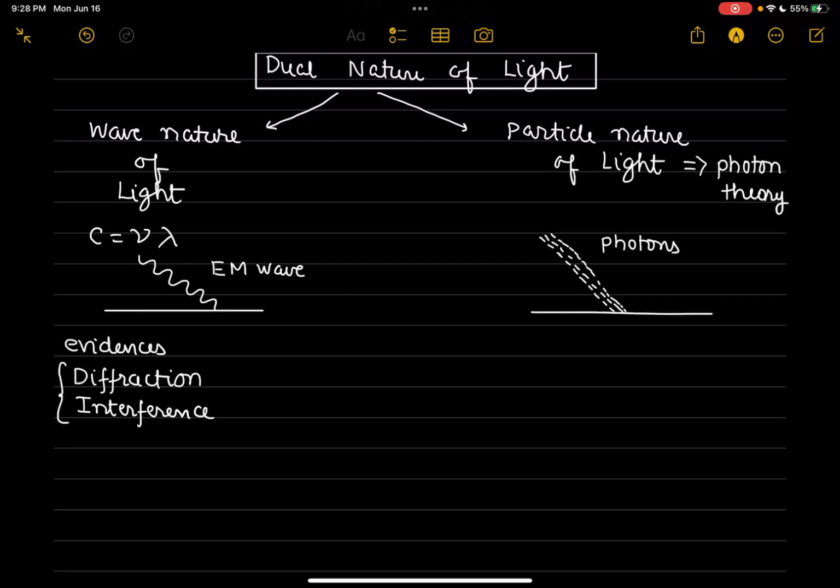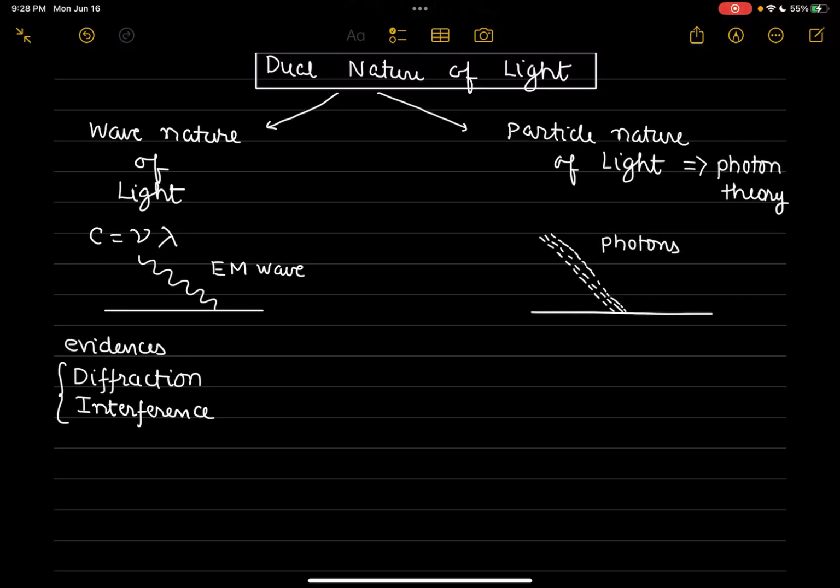Diffraction is bending of light rays around sharp corners, and interference is when two light waves meet, they can get added or cancelled. There are certain experiments which can be justified by taking light as a stream of particles.